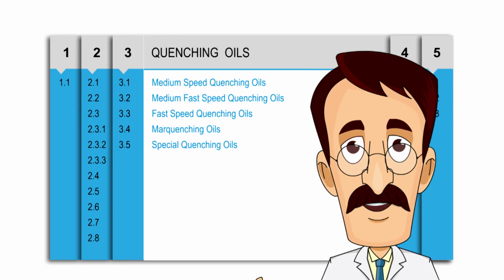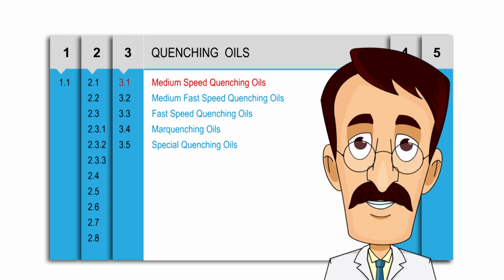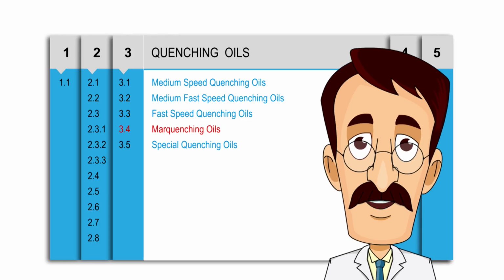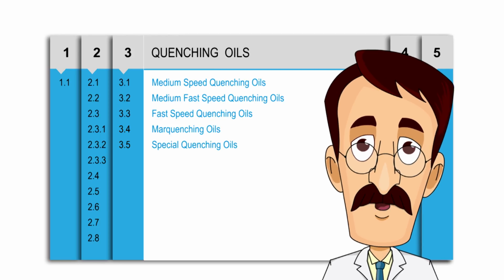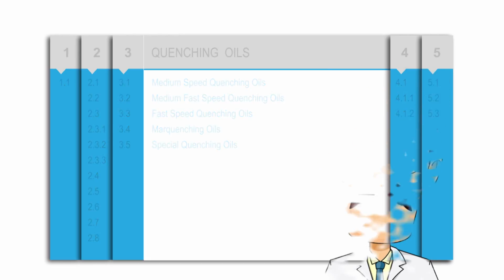In this chapter, we will discuss our range of quenching oils, which includes medium-speed quenching oils, medium-fast-speed quenching oils, fast-speed quenching oils, hot quenching oils, and special quenching oils. Let's proceed and discuss each category of the quenching oils listed.